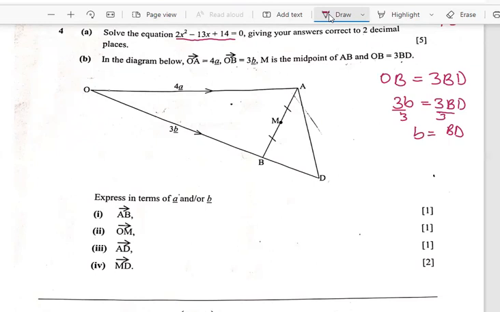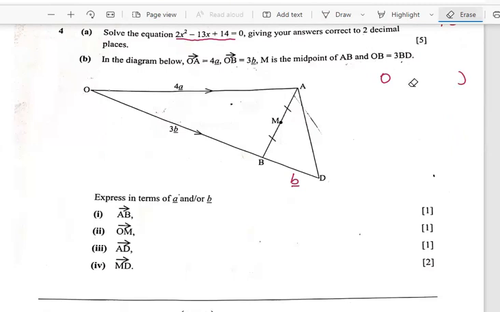To b. Are you getting my point? So meaning this part here is equal to b. Let's take note of that so that as we proceed, we don't have challenges. That is very important.